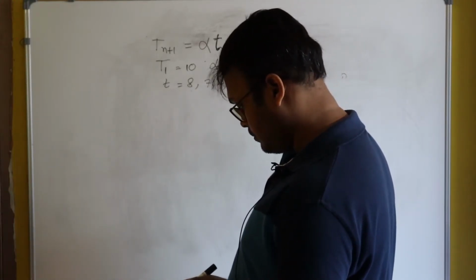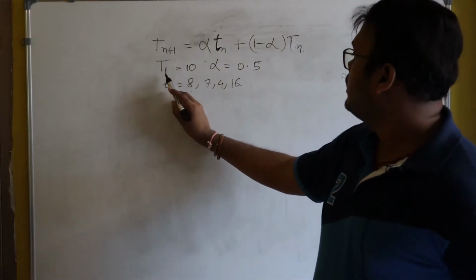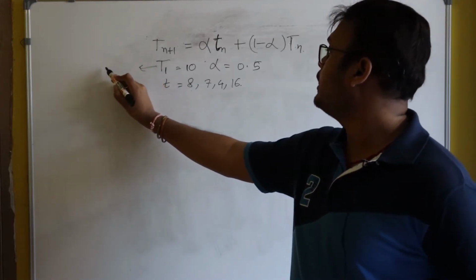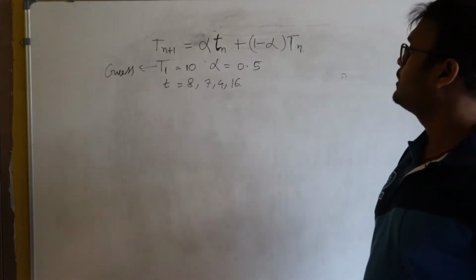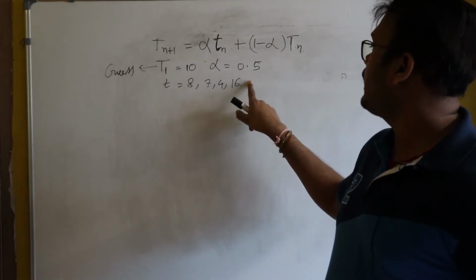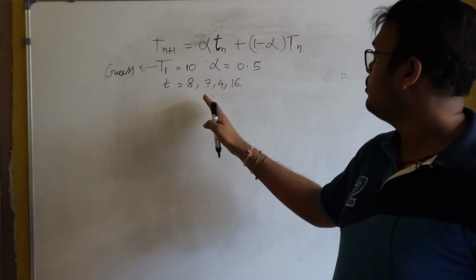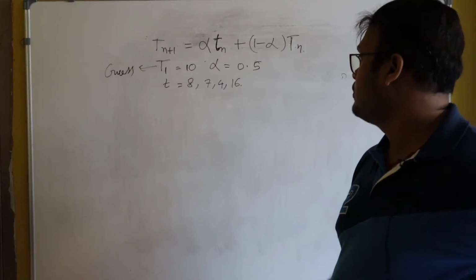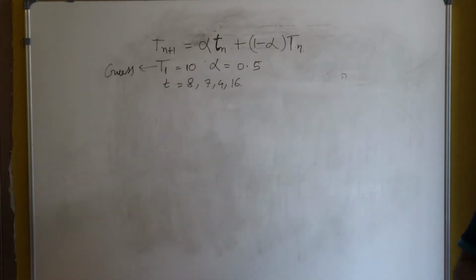So this capital T1 is our initial guess, and these are the actual burst times of the previous four processes. Based on this, we will calculate the burst time. So just write it down clearly.